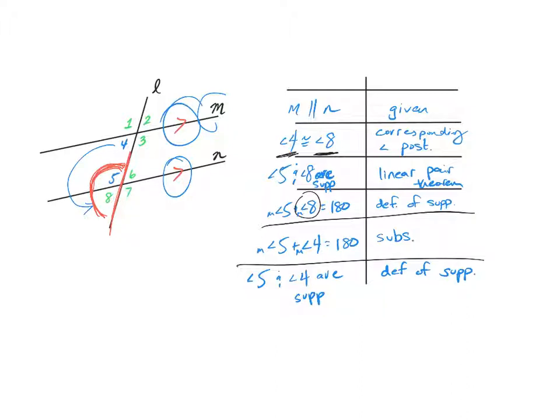So we just proved that the relationship between angle 4 here and angle 5 is a little bit different than the previous two. Those guys are supplementary. So those are same side interiors. And we just proved that when you have parallel lines, those same side interiors are supplementary. Nice.